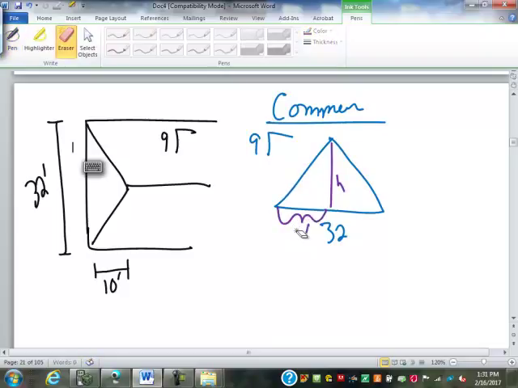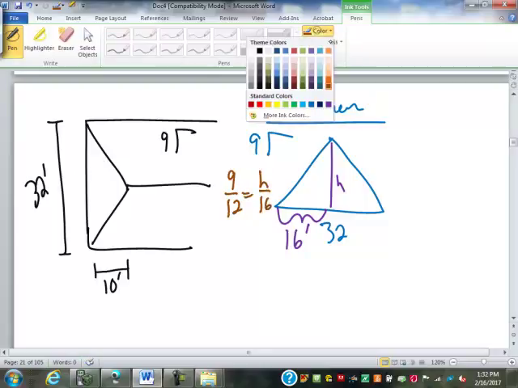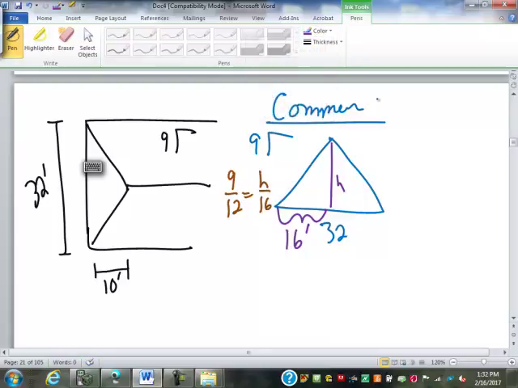Looks familiar so far, right? So we find h: 9 over 12 equals h over 16, which gives us what? h equals 12, right?